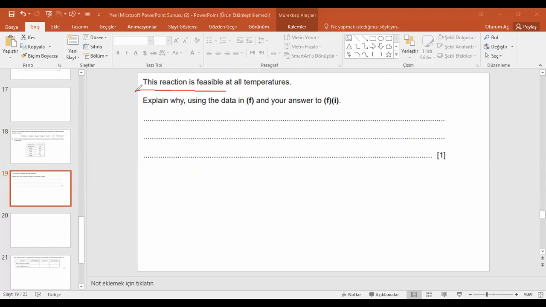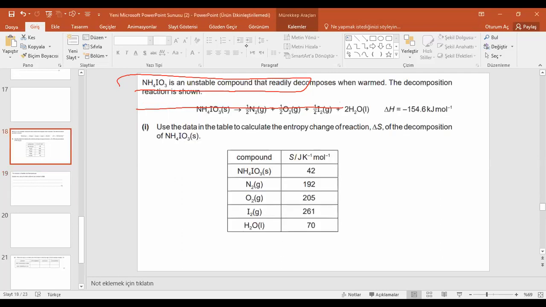This reaction is feasible at all temperatures. Explain why using delta H and delta S. So look, guys, why is this reaction feasible at all temperatures? Once more, delta G equals delta H minus T delta S. Delta H is negative. And T delta S, guys, will have a negative value as well, because delta S is positive.